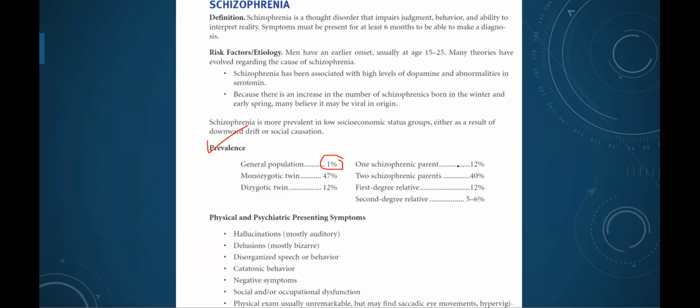If there is one schizophrenic parent, then 12%; two schizophrenic parents, 40%; one first-degree relative, 12%; one second-degree relative, 5 to 6%. A monozygotic twin has the highest risk, which is 47%, and dizygotic 12%. You have to memorize that.